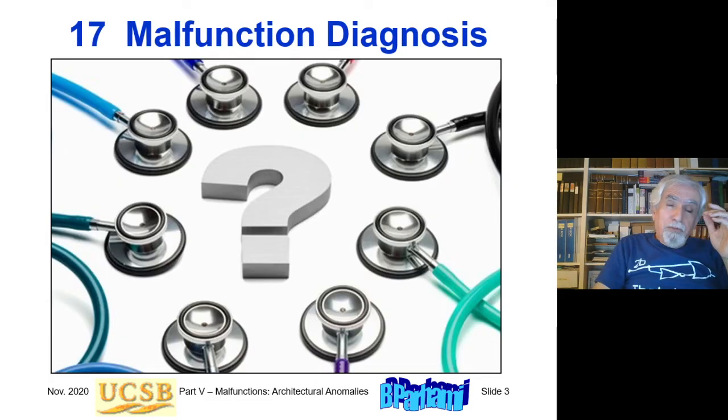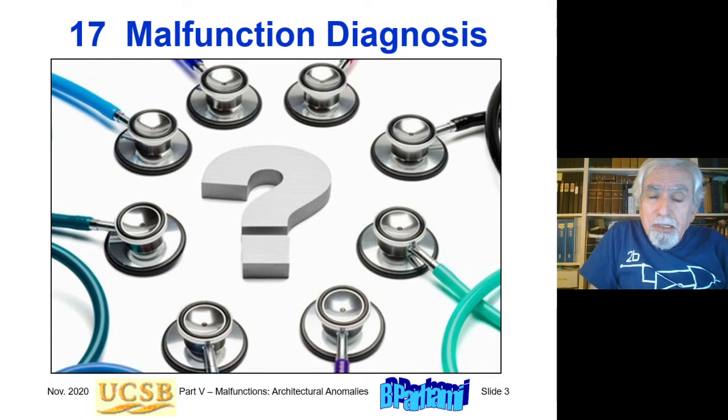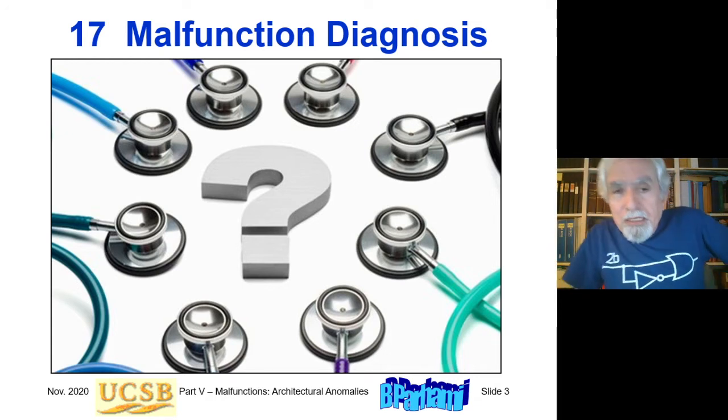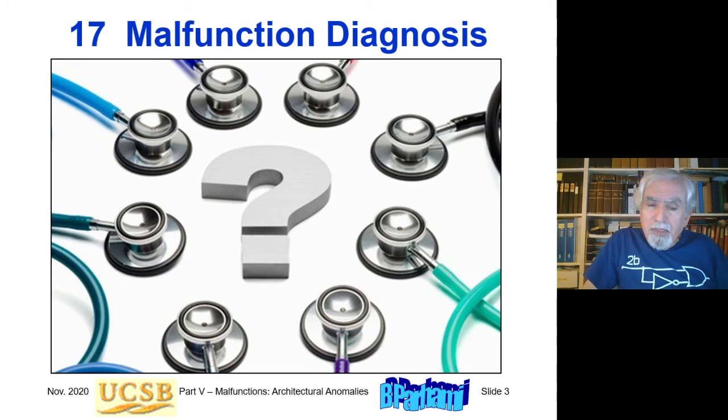Okay, so the first part of today's lecture is malfunction diagnosis. Basically determining that something is wrong at the system level in the modules that are interconnected to form the system.